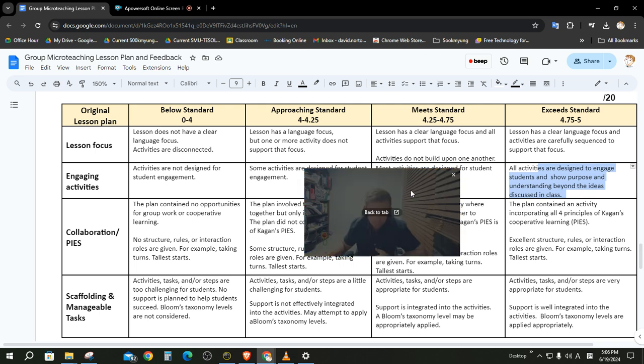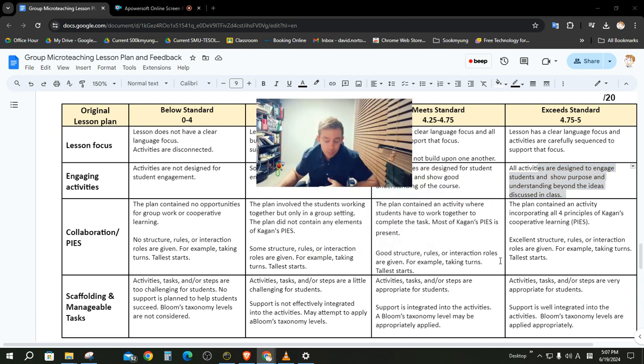Okay. Next, we have collaboration and PIES. You can think about it as your lesson 4, my lesson 2. So we're interested in group work, cooperative learning.